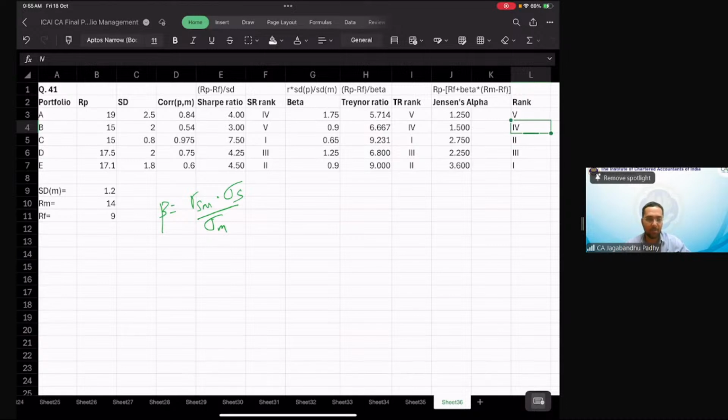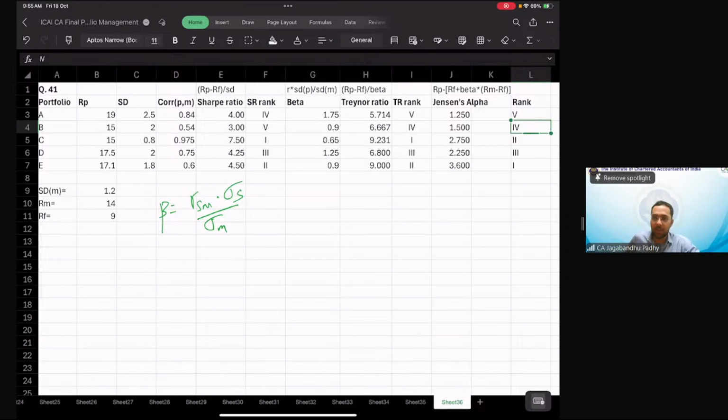But there may sometimes be conflicting results, not exactly conflicting, but a bit of divergence may be there because the performance metric is different. Since the performance metric is different, the ranking may be different. But yes, we get a broad idea as to which portfolios are really performing well or which portfolios need to perform in a better way.